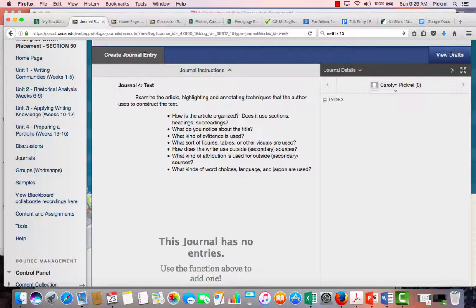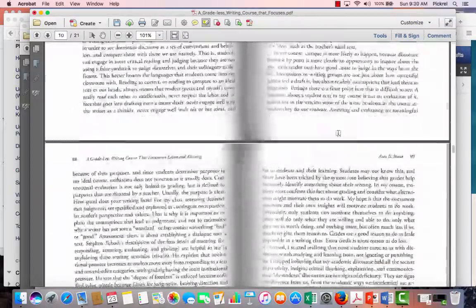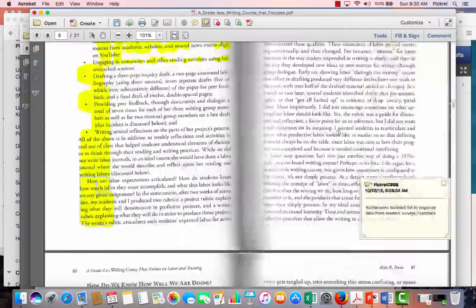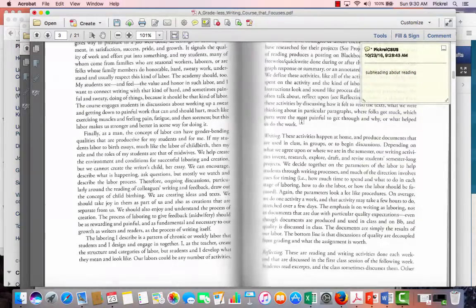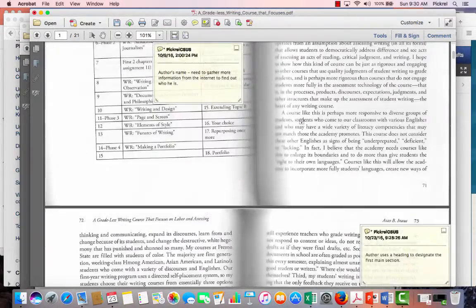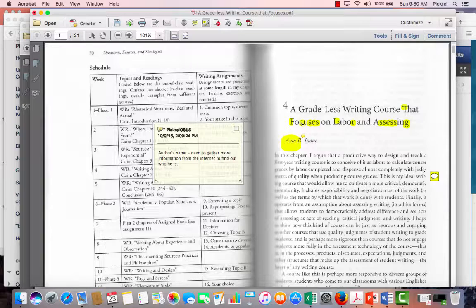The next question is, what do you notice about the title? So for my article, I'm going to look at the title. We looked at the title, I think, originally when we were talking about the author's purpose or message. Sometimes that's contained in the title. And so here, a gradeless writing course that focuses on labor and assessing.